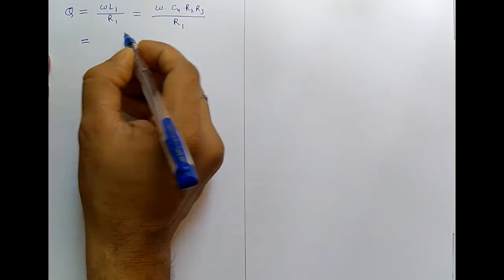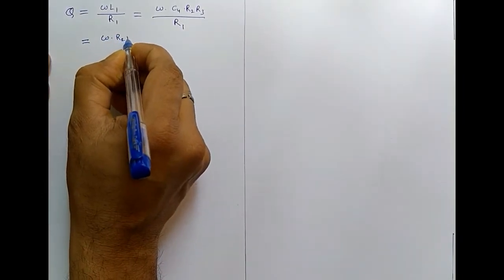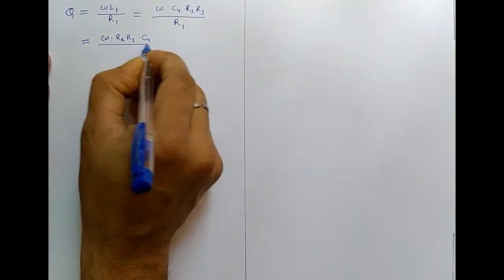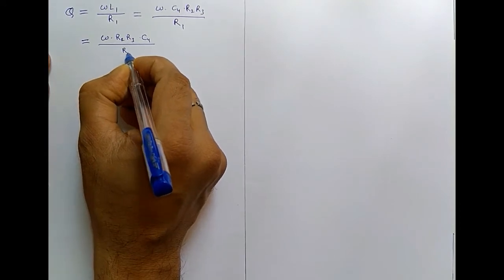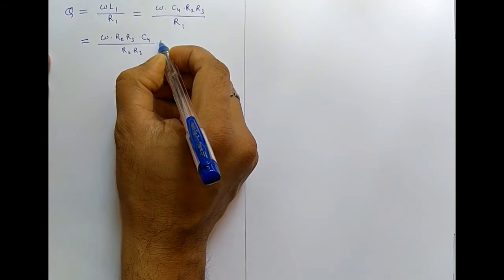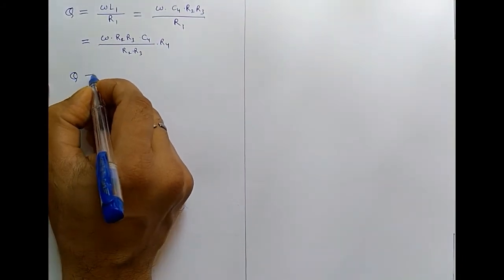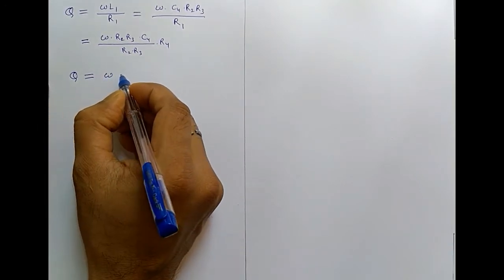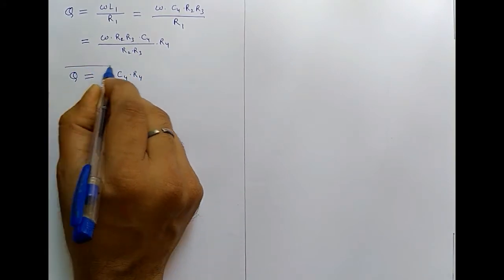So this will be omega R2 R3 C4 divided by R1, which is replaced as R2 into R3 divided by R4, that means times R4. So the quality factor of the inductor will be omega C4 into R4.